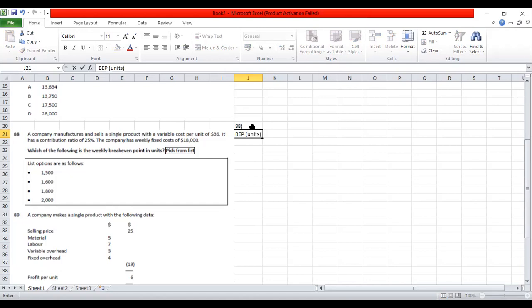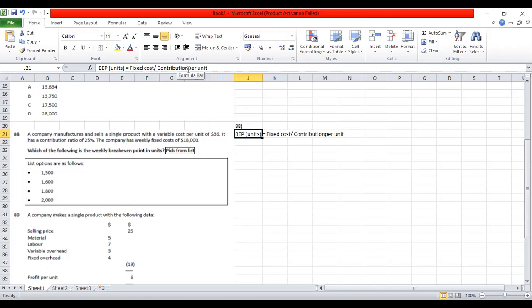The formula what we know is fixed cost divided by contribution per unit. Now, if we have to find out contribution per unit, we do not have the selling price.